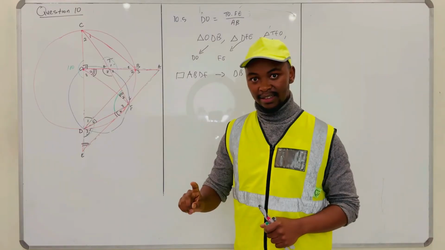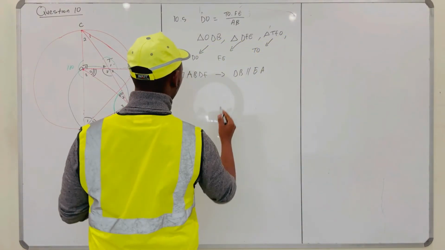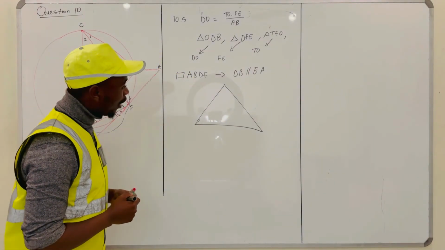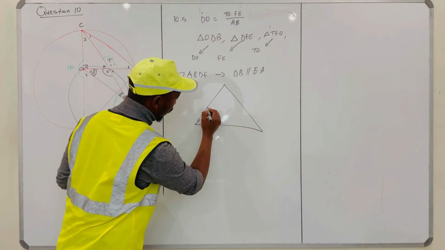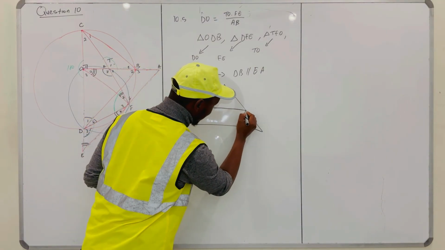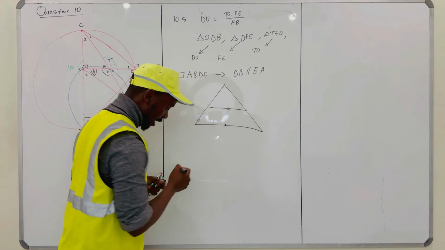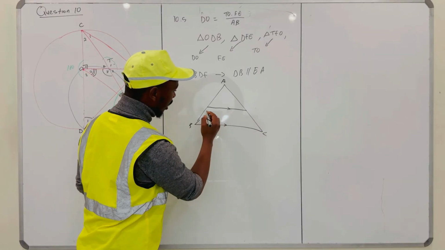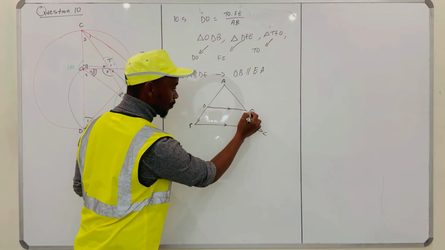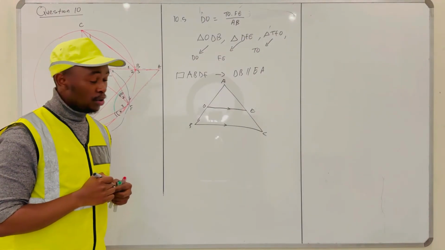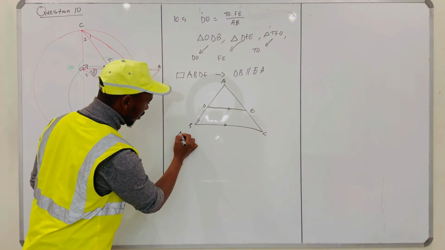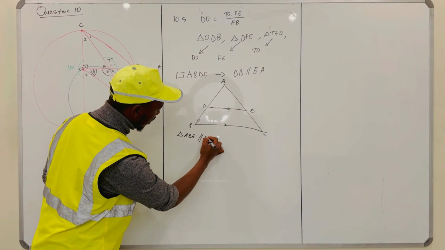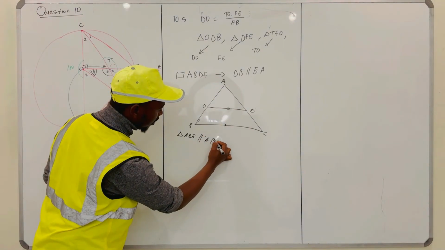If we have a triangle like this, and you draw a line from one side of the triangle to the other side, and that line is parallel to the third side, say the triangle is ABC and you draw a line such that now we have D and E, then triangle ADE is going to be similar to triangle ABC.